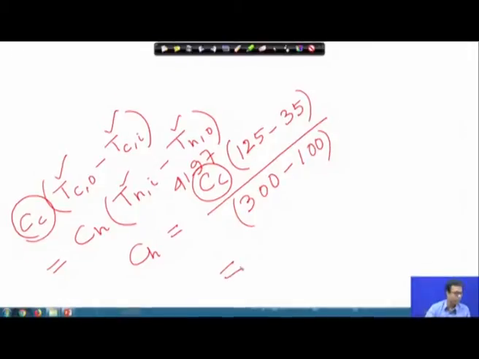So, this will come out to be 1889 watt per Kelvin. So, now we have an idea about Ch.